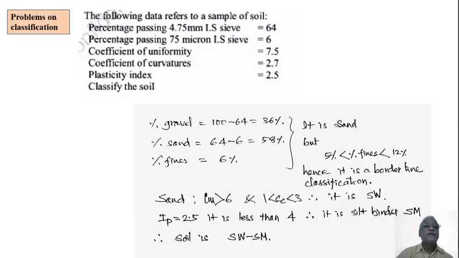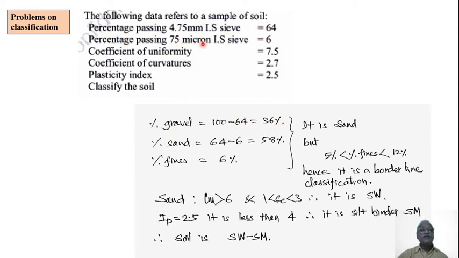Okay. There is one more problem. The following data refers to a sample of soil. Percentage passing 4.75 mm IS sieve is 64%. Readily one can say that percentage of gravel is 100 minus 64, that is 36%.